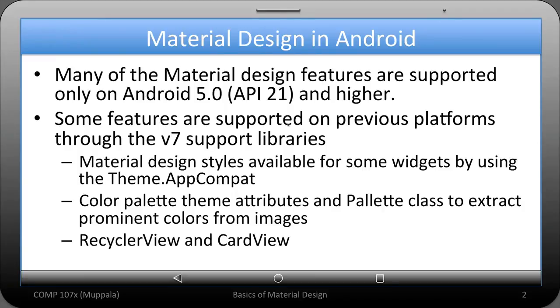Material design styles are available for some of the widgets using the AppCompat theme that is available in the version 7 support libraries. So we will see the use of that for our UI design. In addition, we can use some of the new widgets like the RecyclerView and the CardView and Toolbar in our application.